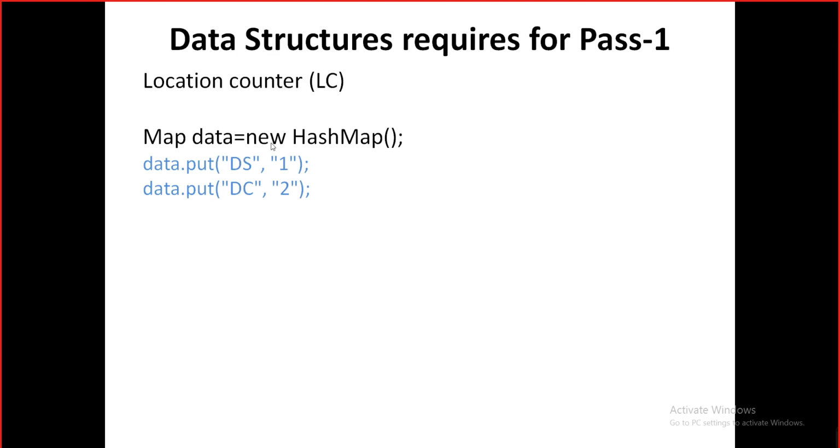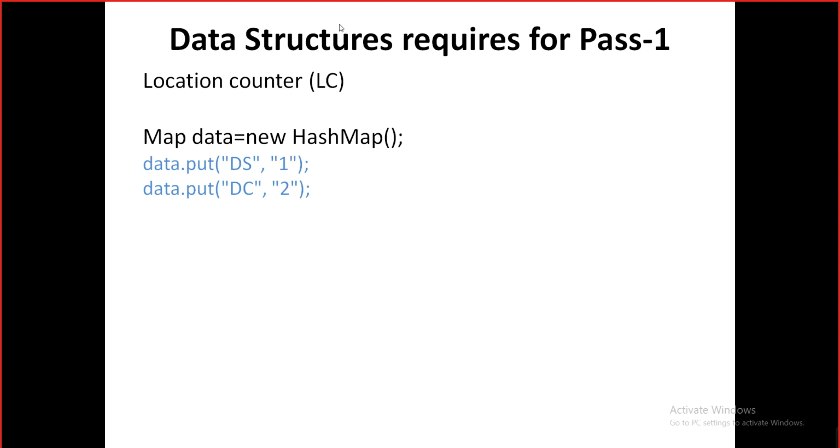Next, we require some hash maps. Now, why do we require this hash map? Simply because we are maintaining different mnemonics in different hash maps. For example, these declarative statements DS and DC we are storing in a hash map, and you know that in a hash map we store key value pairs, right? So for DS as the key, we have a corresponding value as 1, which we will write in the opcode table.